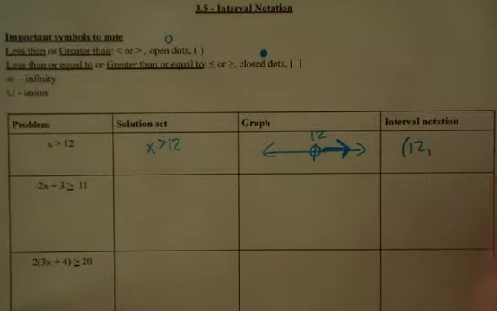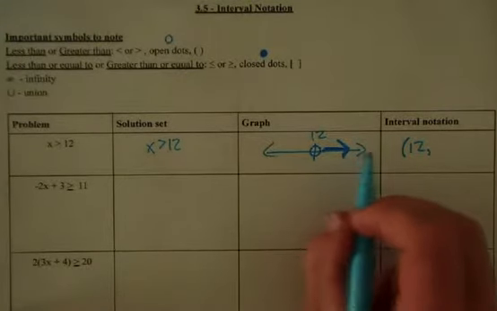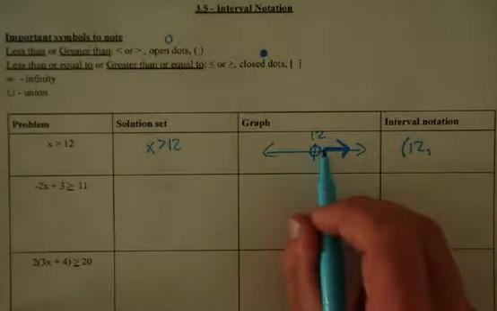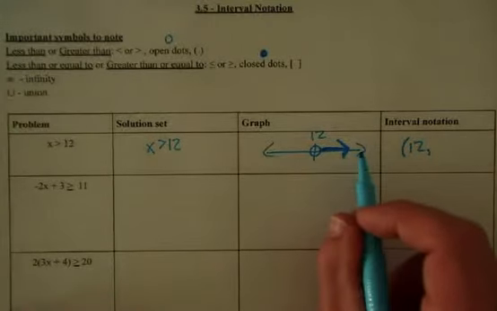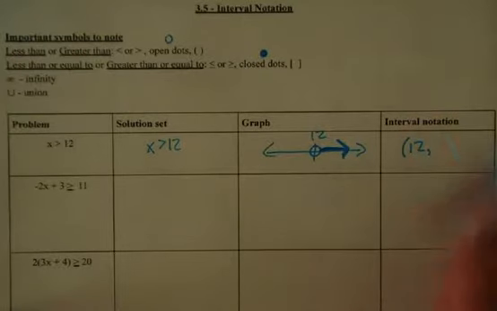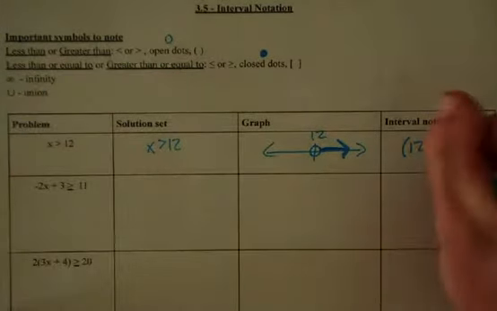Then we write a comma. And then where is it going? There's no upper bound. Any number greater than 12 is going to satisfy this inequality, so it really goes on to infinity. We're going to write our infinity symbol in here.